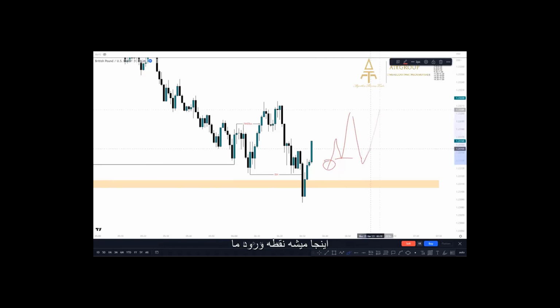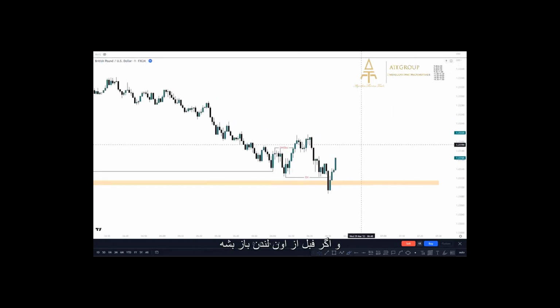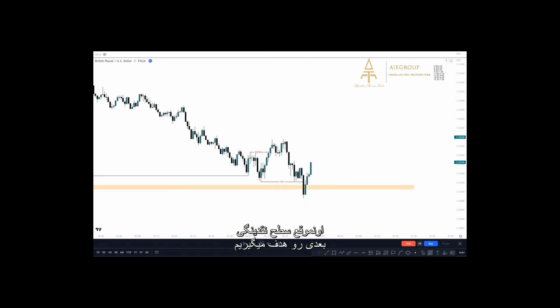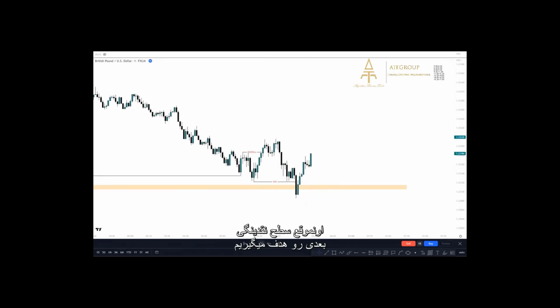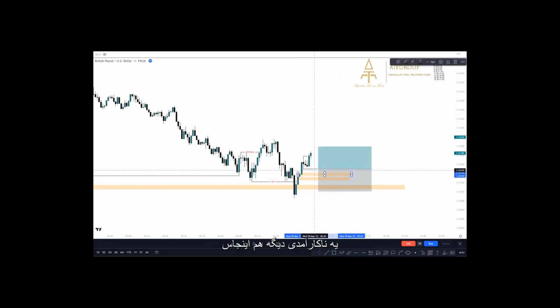This will be our entry point, and we can target the Asia high, or if we get London open before that, we just have to target the next liquidity point. So this will be substructural low created right here. We got IPA right here.